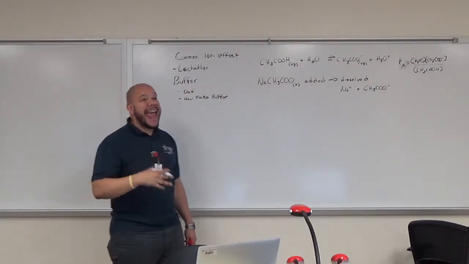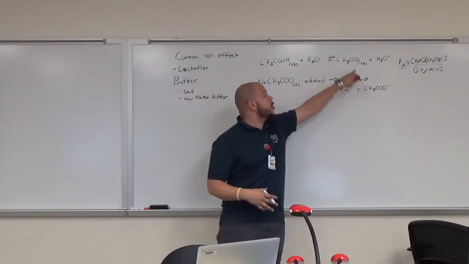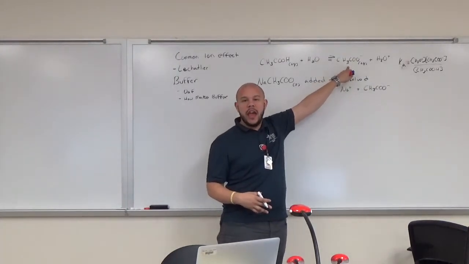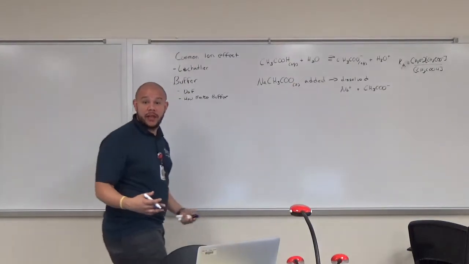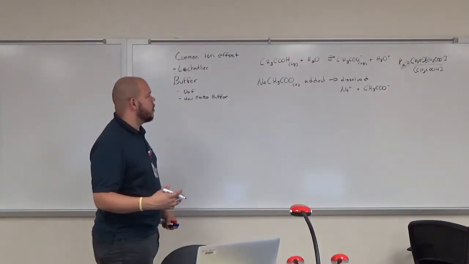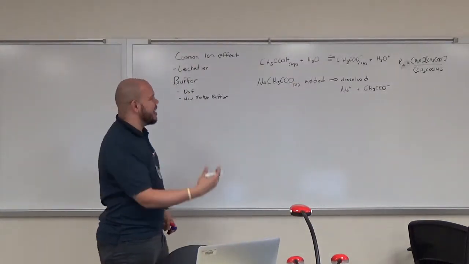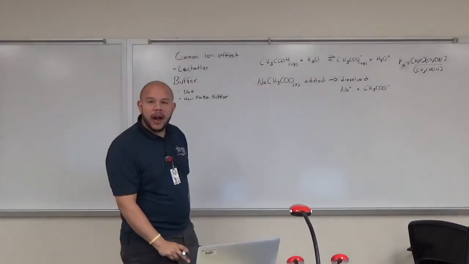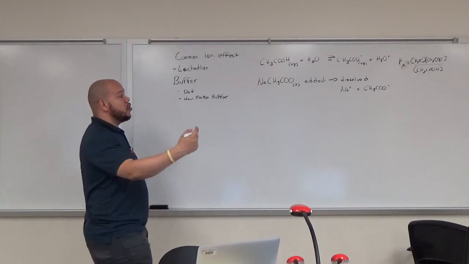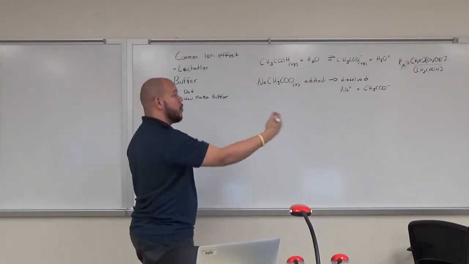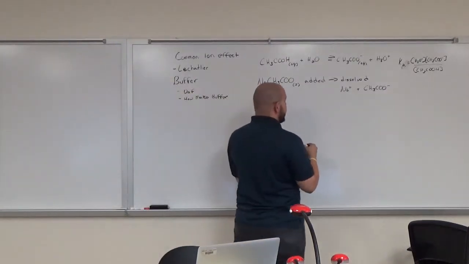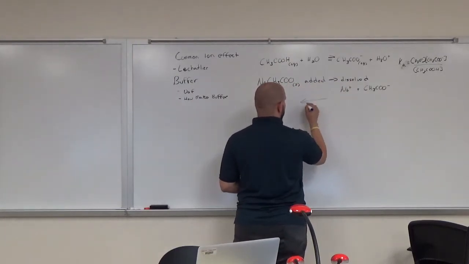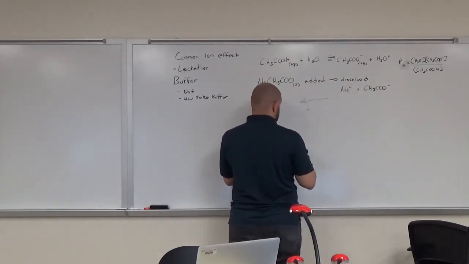Effectively, we have increased the concentration of CH3COO minus, and from an ICE perspective, we have added to the initial of a product already. And that is going to force our equilibrium left. So hopefully we should be comfortable in knowing that the addition of this is going to force our equilibrium left.